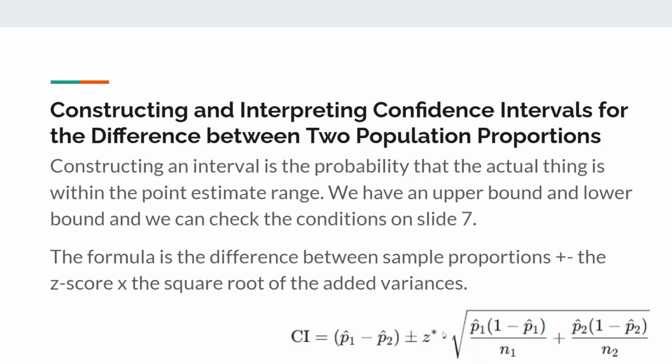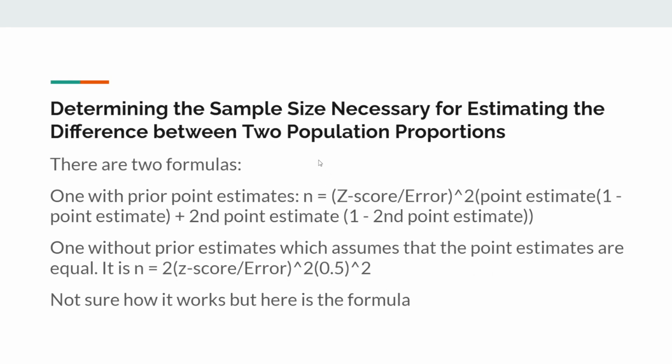I don't know why they don't use the pooled proportion again, and they just use the individual proportions. But it's just the z-score times the square root of the added variances, except this time it's not pooled. And you're also dividing by n1, which is a little bit strange. I'm not really sure how it works, but this is the confidence interval. So we use this when using the classical method or the z-score approach for null and alternative hypotheses.